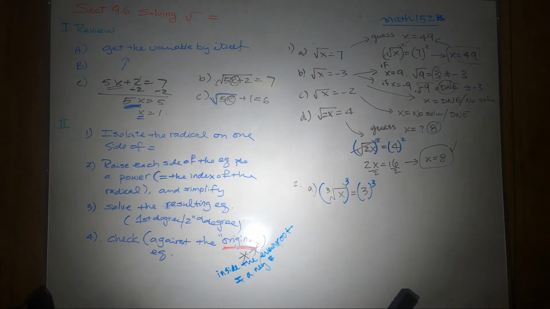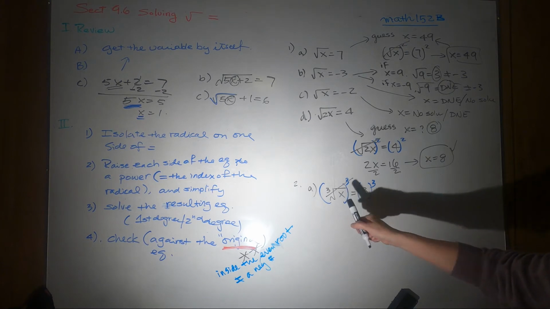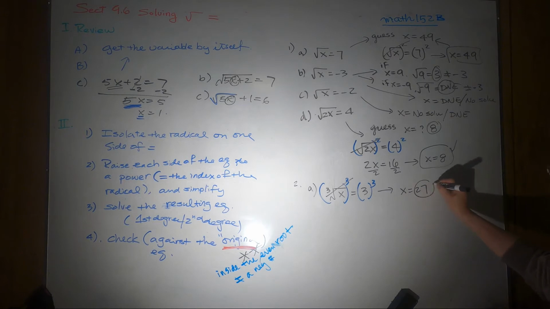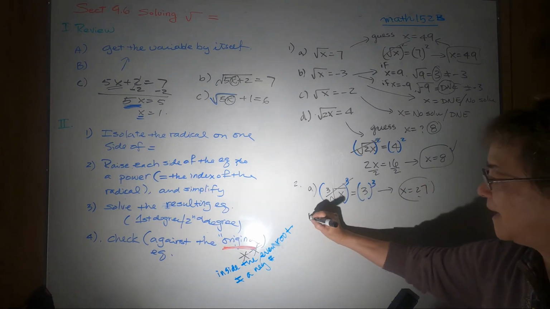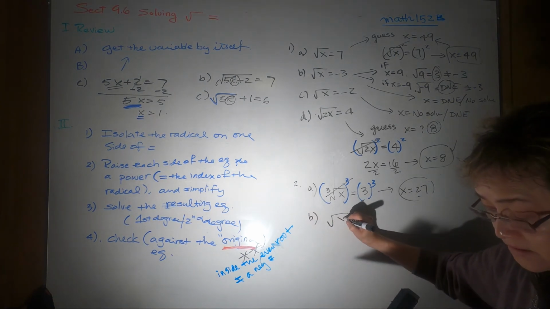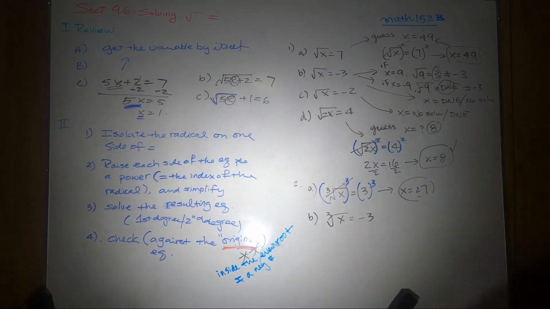So if you do that, then you can isolate x, get x by itself. So x is what? 27, right?